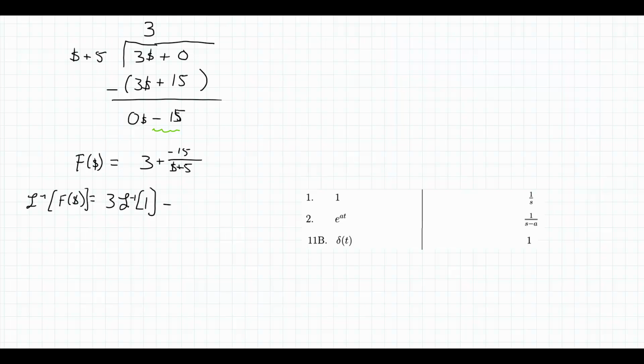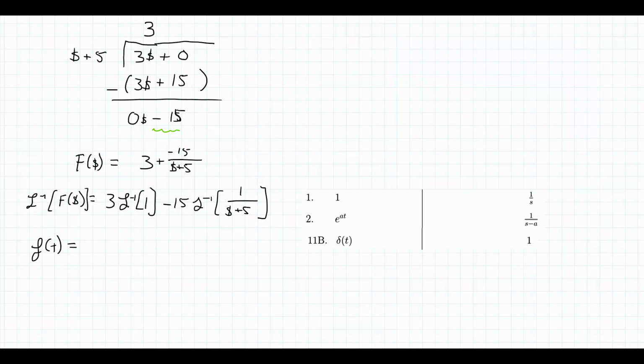And then I'll have a minus 15, which I'll pull out, times the inverse Laplace transform of 1 over s plus 5. On the left-hand side, that will just be f of t when I do my inverse Laplace transform. Big F of s goes to f of t.